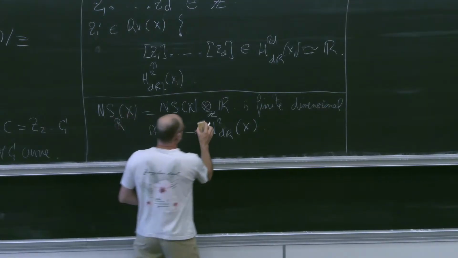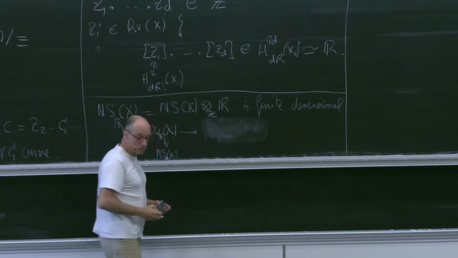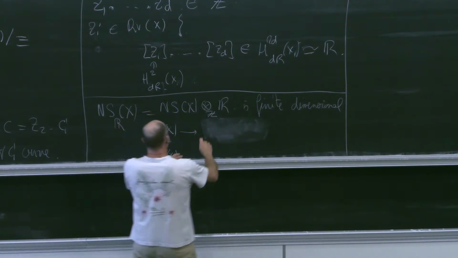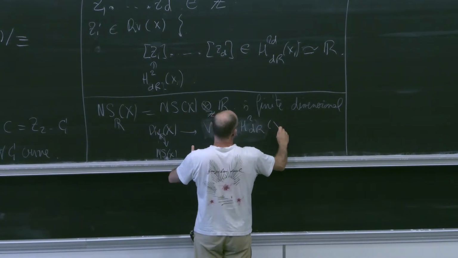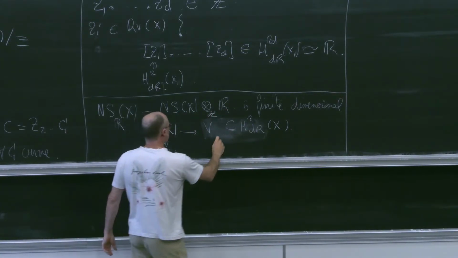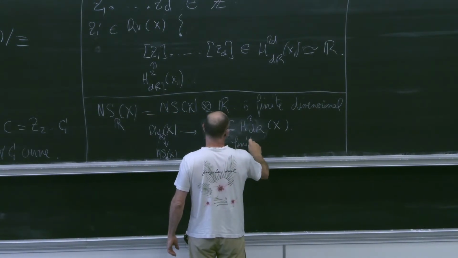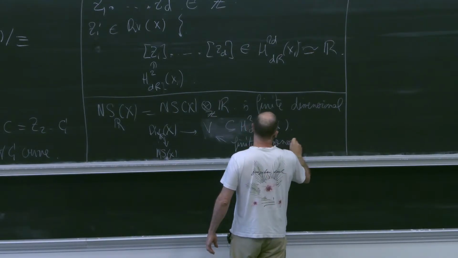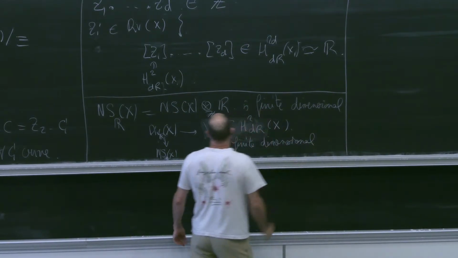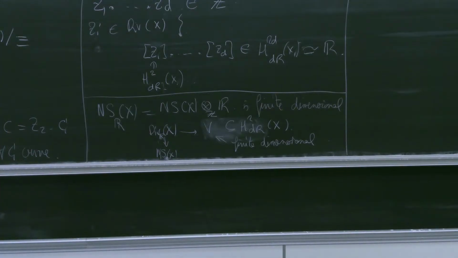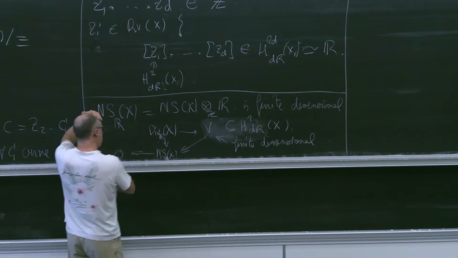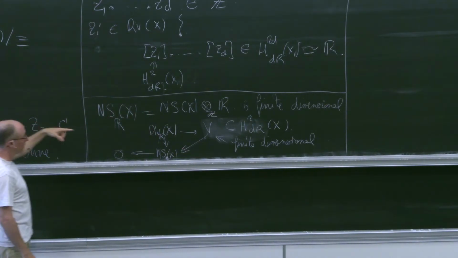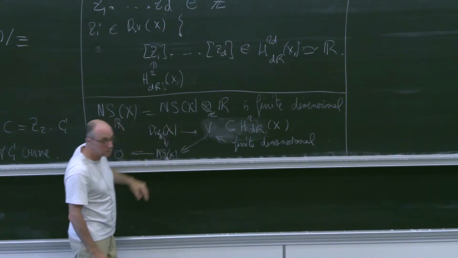So this map is not surjective, far from being surjective, but its image is a subspace inside the de Rham cohomology, which is finite dimensional. And since I defined this intersection, this numerical equivalence, with things like this, then in fact you get a map which is surjective. And so you get finite dimensionality because this guy is finite dimensional.